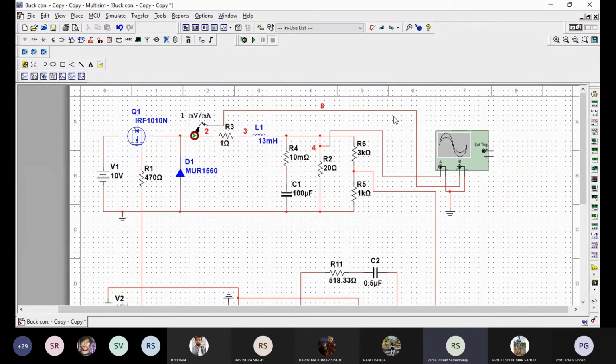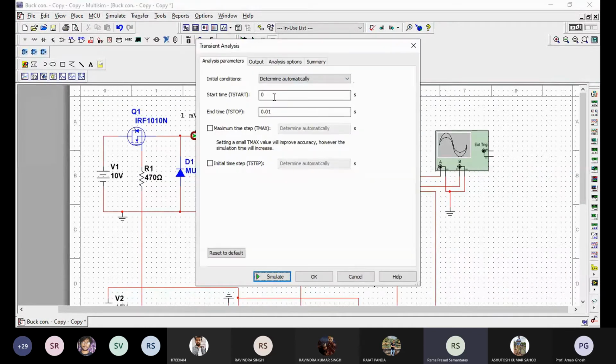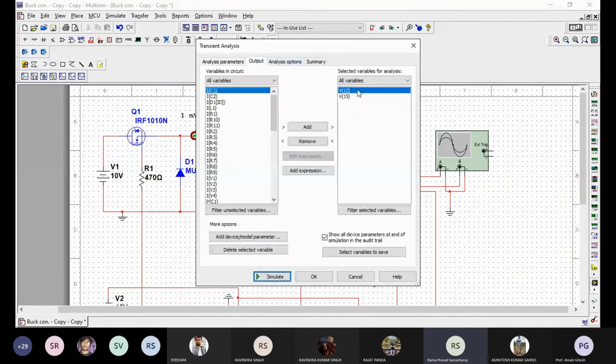So in I8 or IL we can take. So go to simulate, analysis and transient analysis. I8, IL, IL1 and V4. V4 is your output voltage across the load. V4, this one.